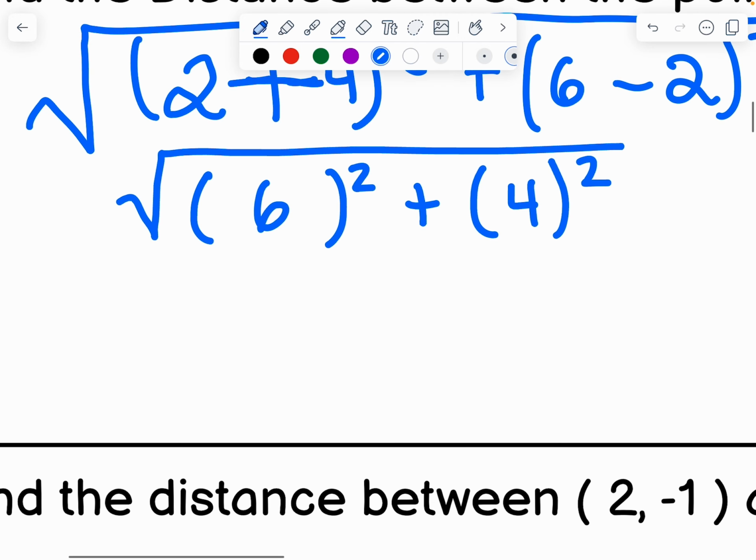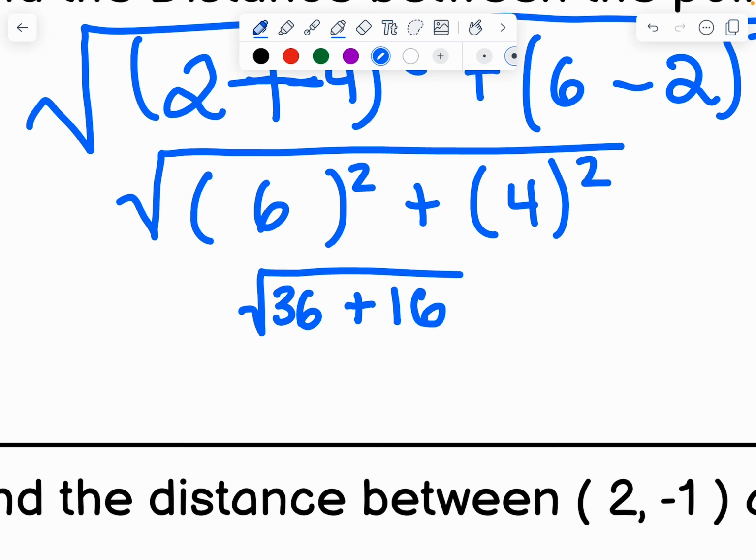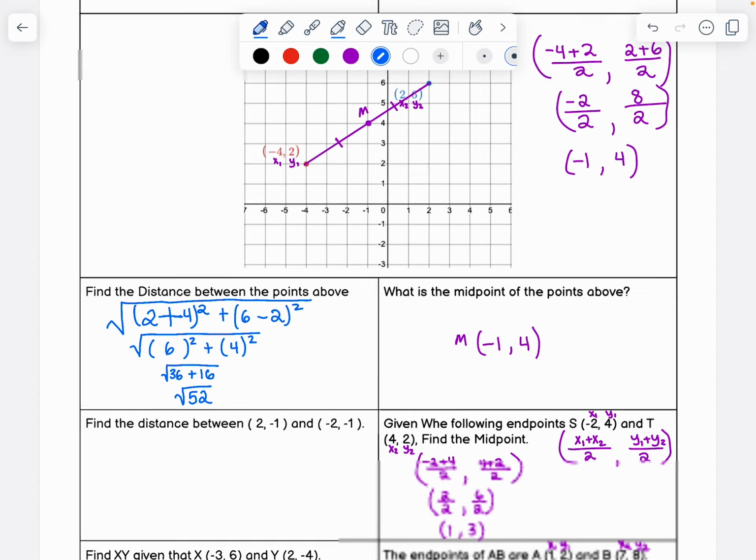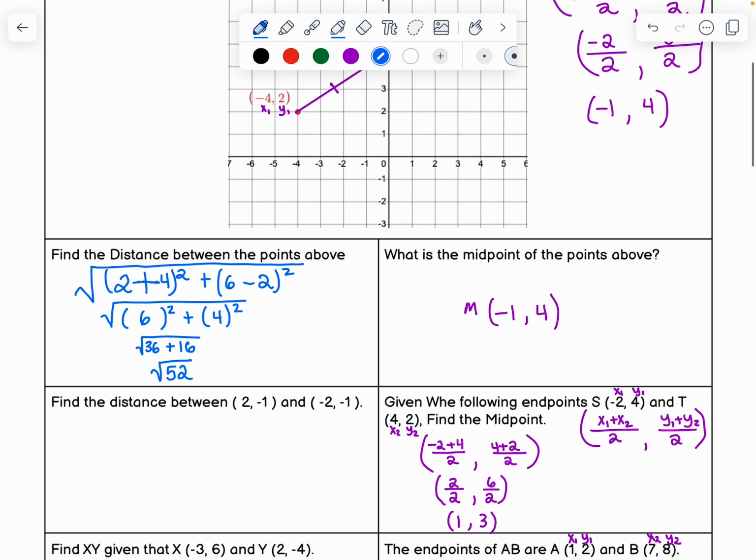Squaring is not multiplying by 2, it's multiplying by itself. So 6 squared is 6 times 6, which is 36. And 4 squared is 4 times 4, which is 16. And 36 plus 16 is 52. And so the distance between these 2 points is the square root of 52.